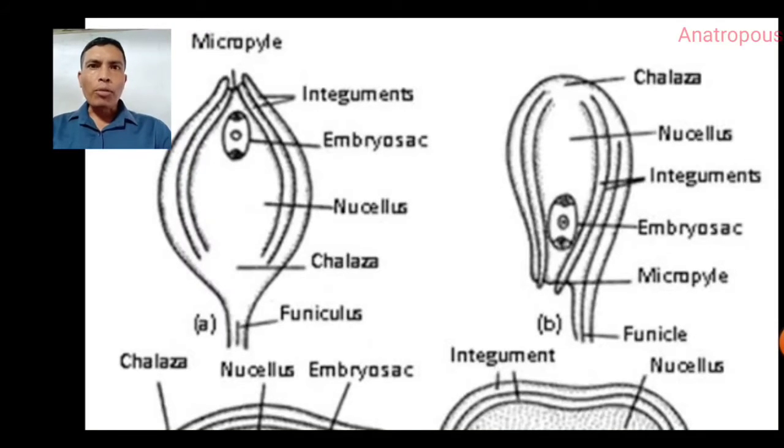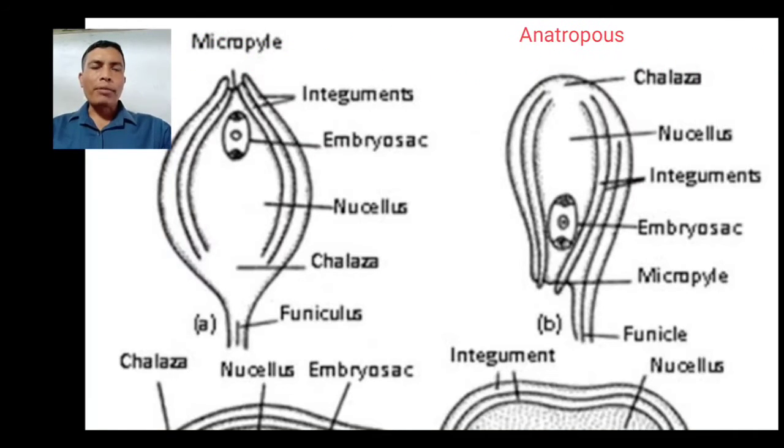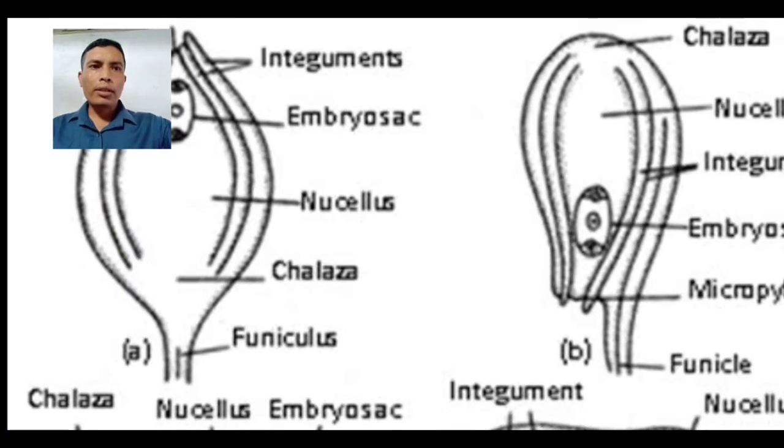This second type of ovule is called anatropous. In anatropous, the nucellus is curved 180 degrees. So the micropyle and the funicle lie side by side. Majority of angiosperms are having this kind of ovules, anatropous ovules.